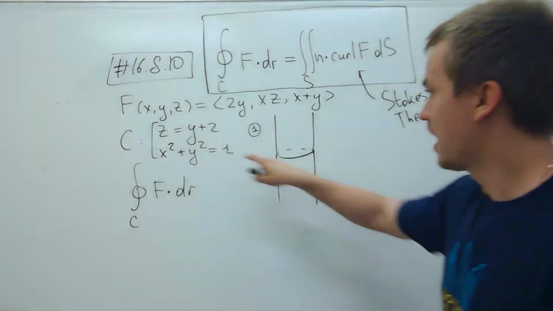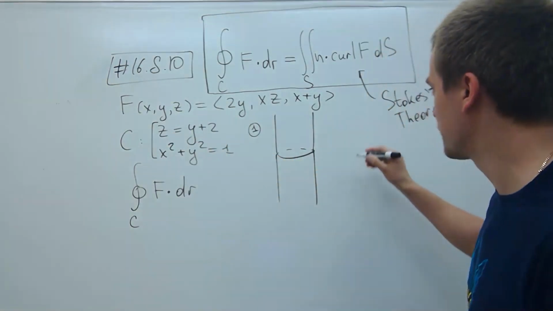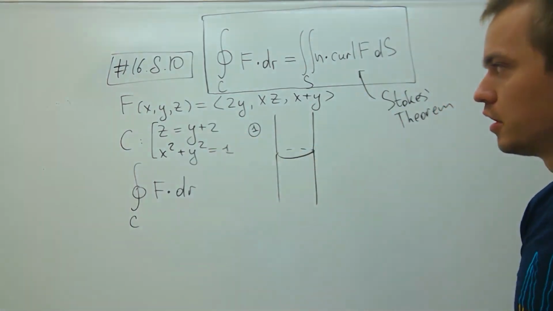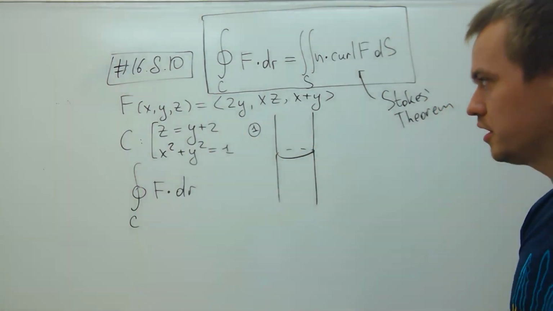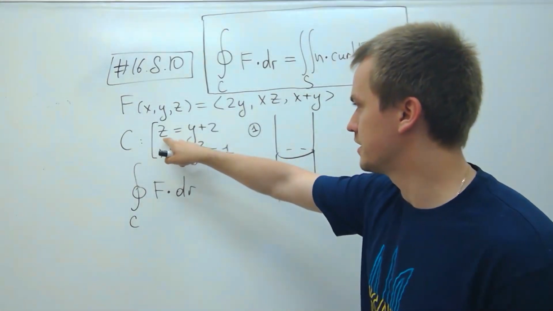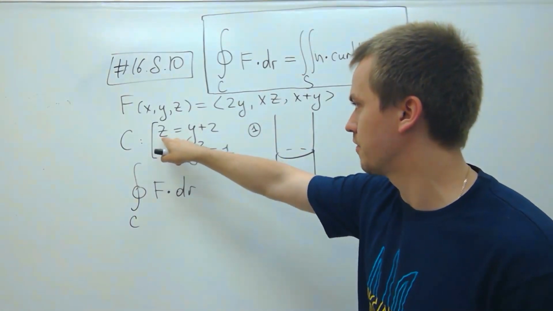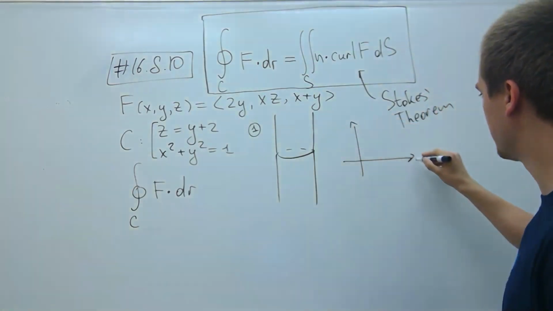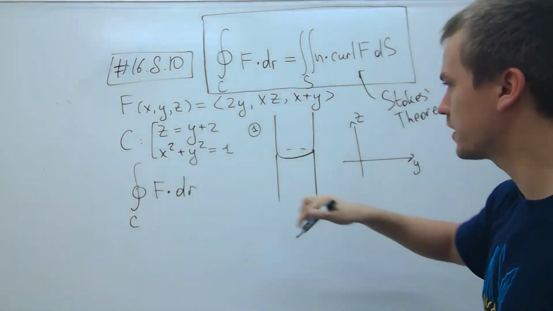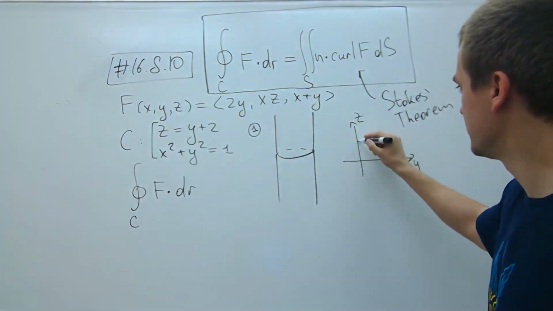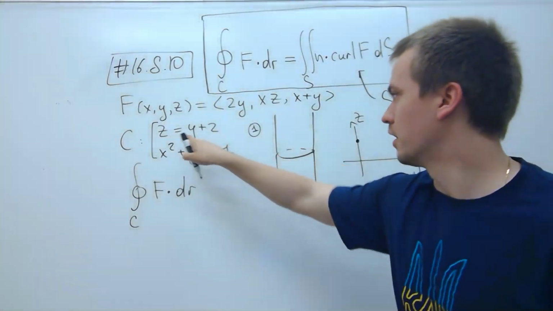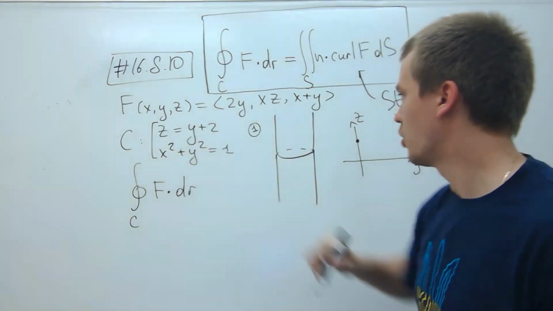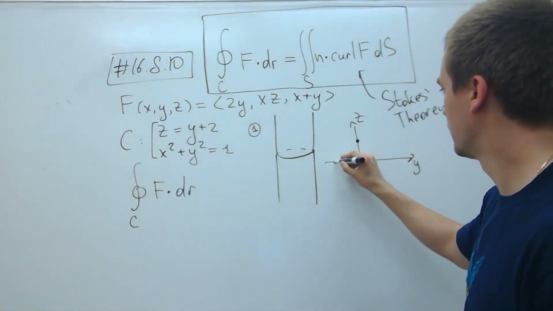Okay, and then what is my first surface? My first surface is going to be a plane, and it's really difficult to visualize and draw a plane in 3D. But what we can do is see that in this plane we have z and y. If you consider the yz plane, then when y equals 0, z equals 2, and when z equals 0, y equals -2.